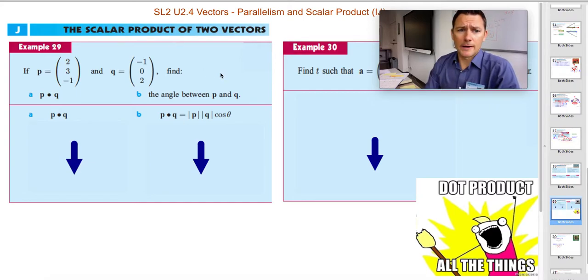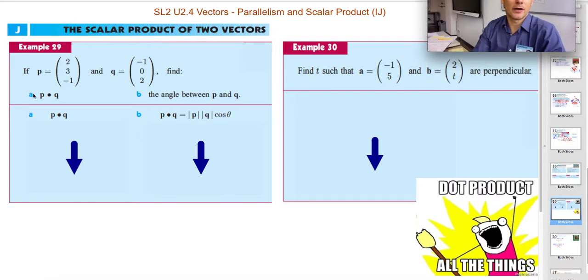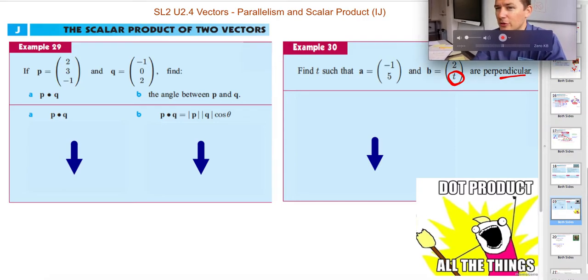Let's try 29 first and 30. I'd like you to look at just the dot product between these two, and then also try to find the angle between those two. And then this one's a little tricky. Find t such that a and b are perpendicular. Think about what the angle between perpendicular lines should be. Great, try that, go.